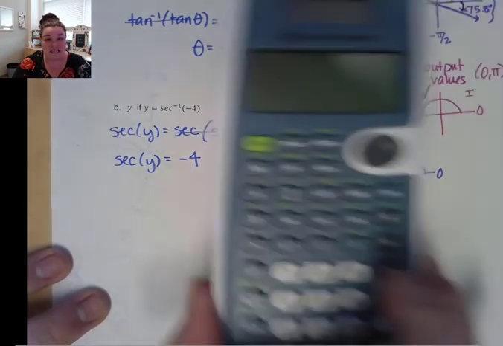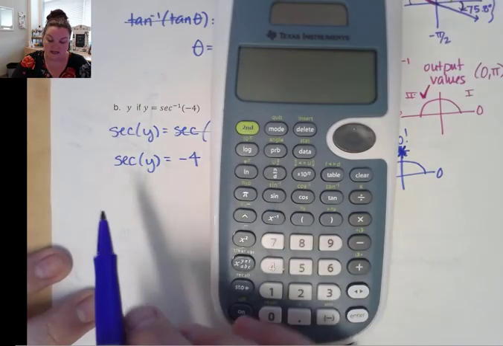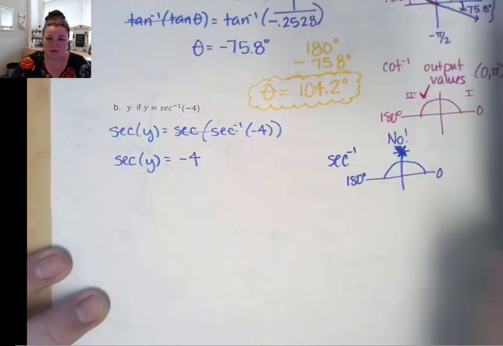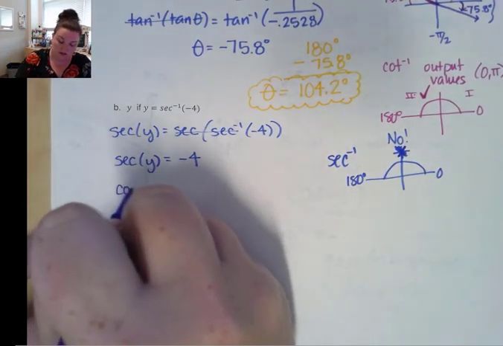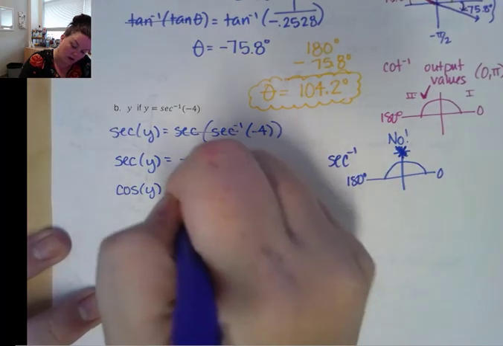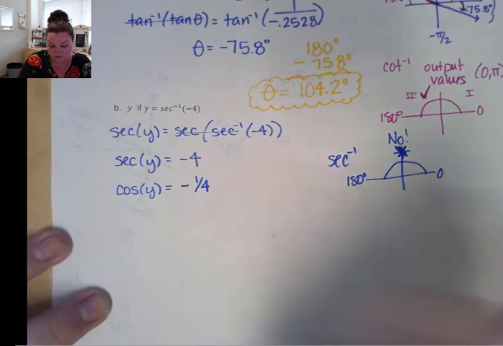Now we don't have a secant button on our calculator. We only have sine, cosine, and tangent and their inverses. So we need to change this into something we're familiar with, and secant is related to cosine. So I'm going to say this is the same thing as saying cosine y equals its reciprocal, which would be -1/4.